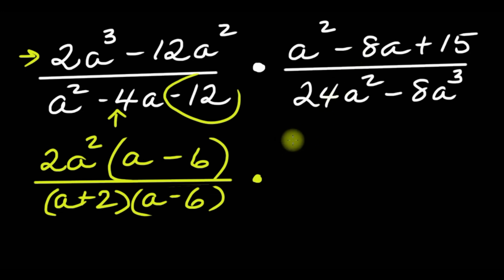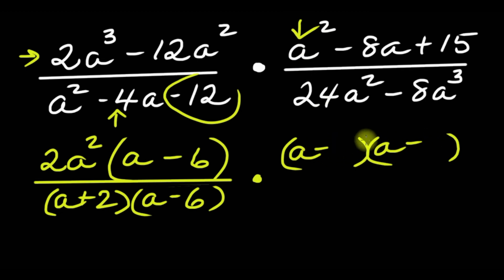Okay, same thing over here. Trinomial, factor into 2 binomials. So I need an a times an a to get the a squared. I need 2 negative numbers, and that's going to be 5 and 3. Factors of positive 15 that add to negative 8.